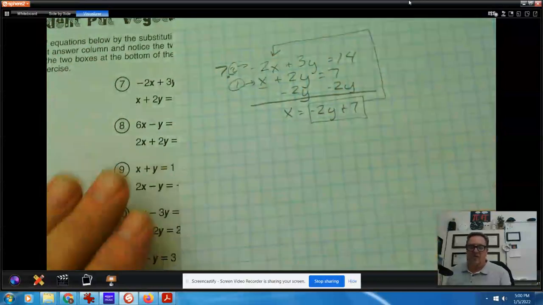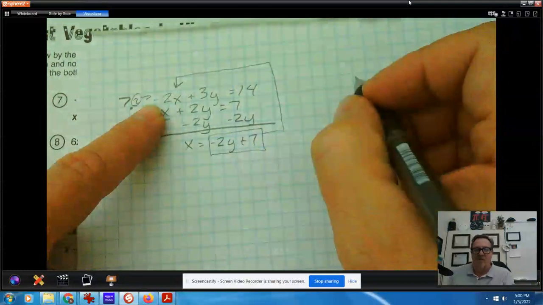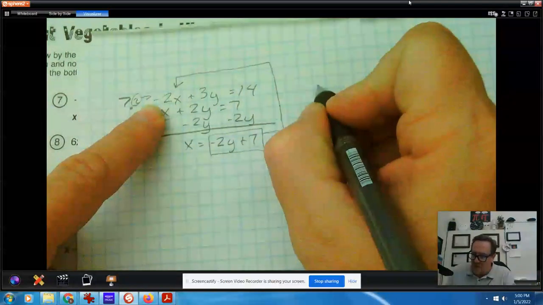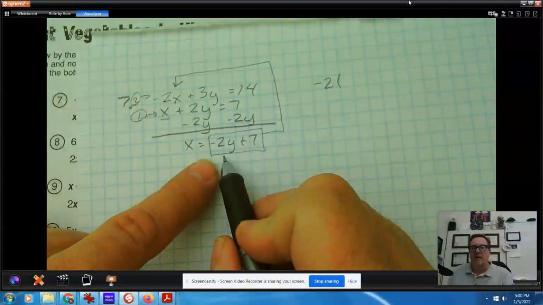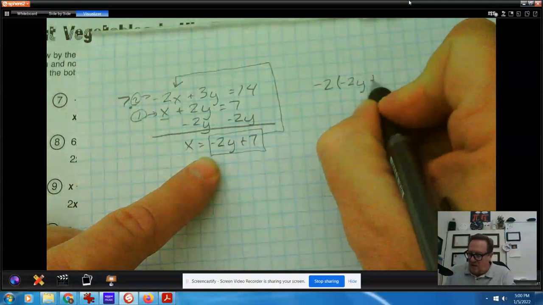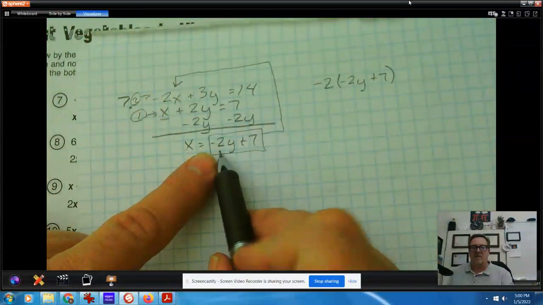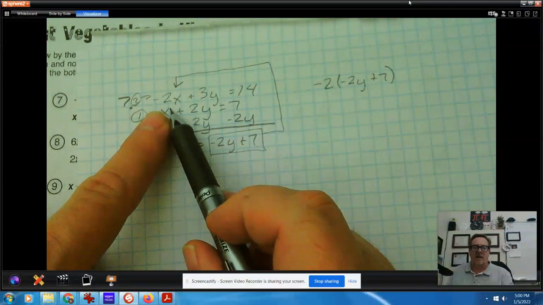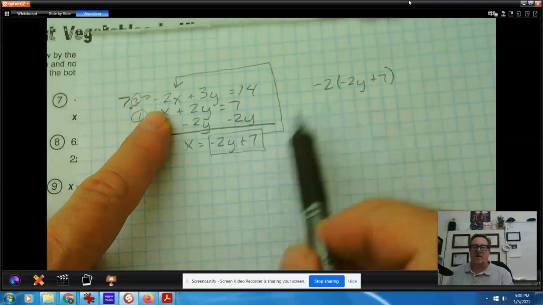So in other words, I'll just scoot this over so we can see what's going on. I'm going to rewrite this equation up here. It's negative 2, but instead of writing x, I'm going to write negative 2y plus 7, since that was what x is equal to. So what I've done is I've taken negative 2, and instead of writing x, I wrote negative 2y plus 7.